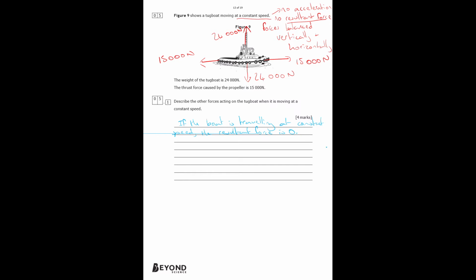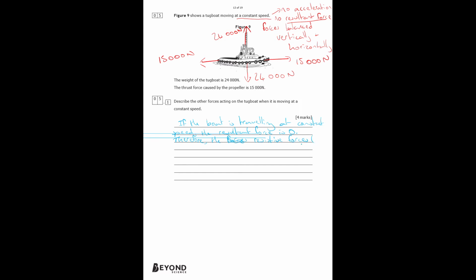Full stop. Therefore, the resistive forces, i.e. the forces resisting the forward motion of the boat.